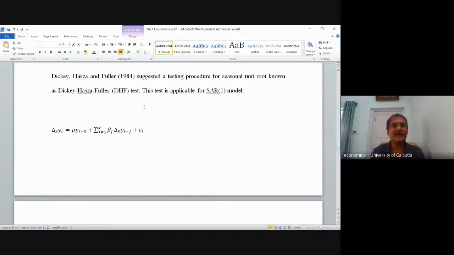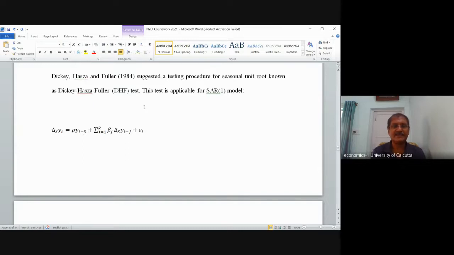So you can remember, for annual time series, the augmented Dickey-Fuller equation was delta YT is equal to rho YT minus 1 plus sum of beta J delta YT minus J plus epsilon T. If you add here the deterministic trend component, you can add more beta into T terms like this.